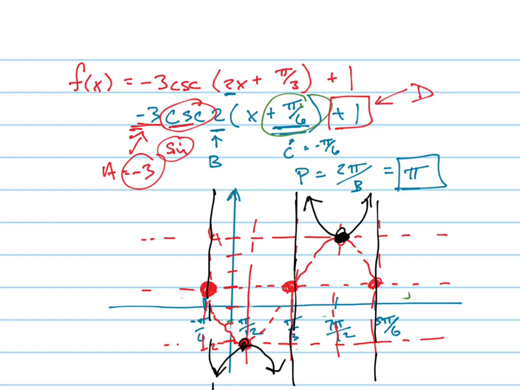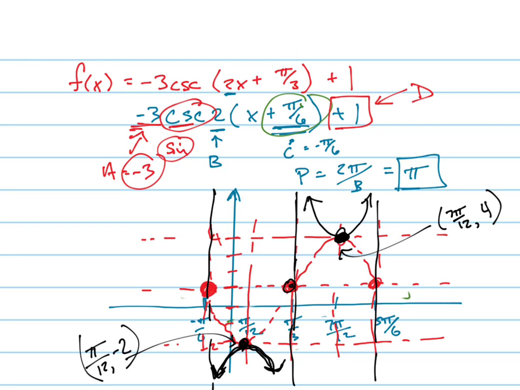And now you can see clearly what this point is right here in case they want you to label a couple points. This is 7 pi over 12 comma 4. This isn't even a point on the graph, because the black is the graph. So really you just need those. Those are the real main points that you want. And this point down here is pi over 12 comma negative 2.